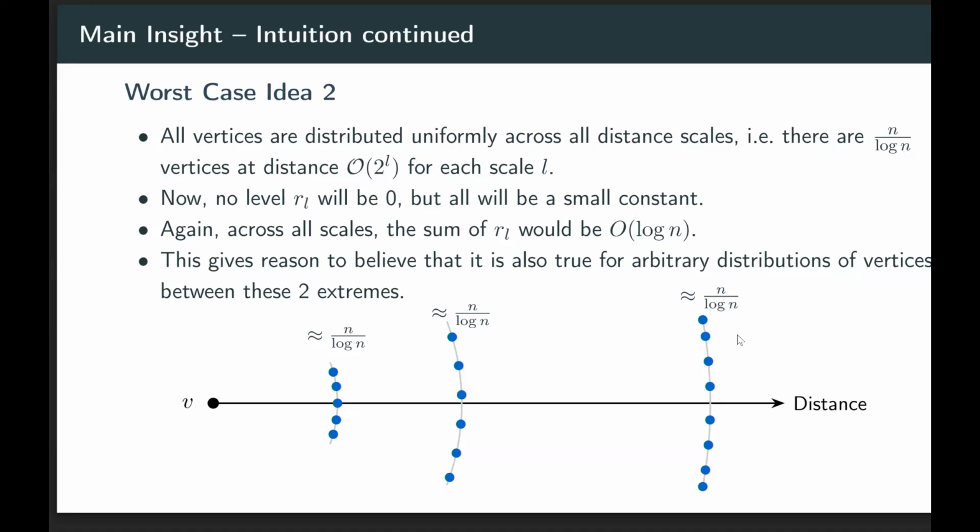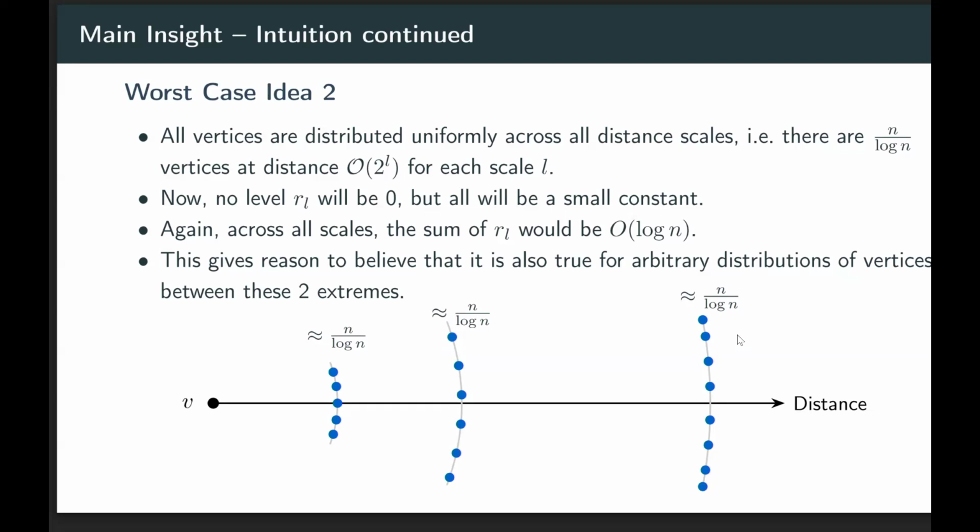But we will never have a case where RL is really big, right? Because no matter what the distance scale DL is, we will always have a lot of vertices that are really close and that are most likely to win V. So here we will have a small constant everywhere.